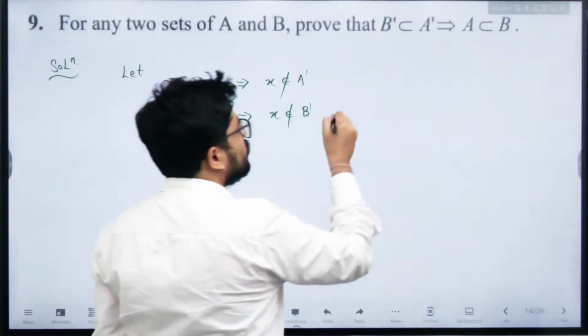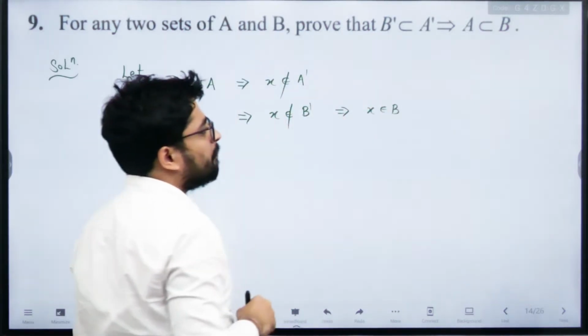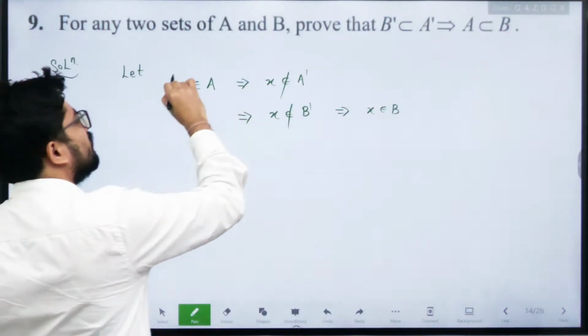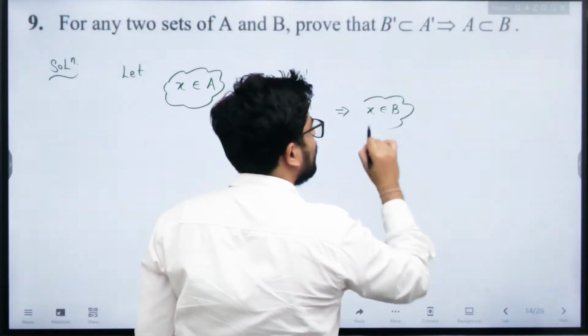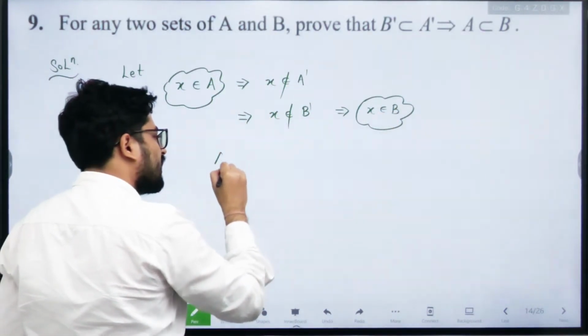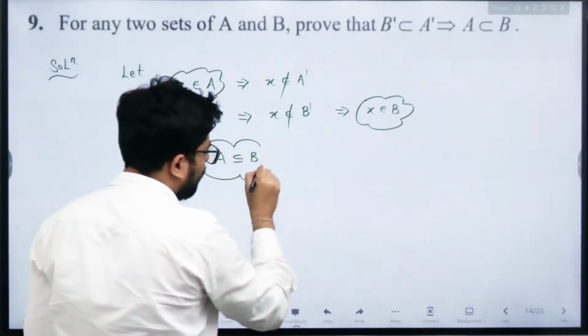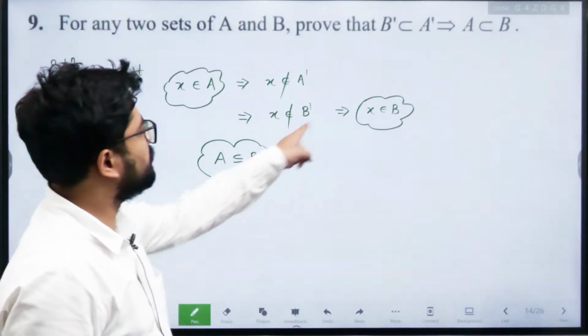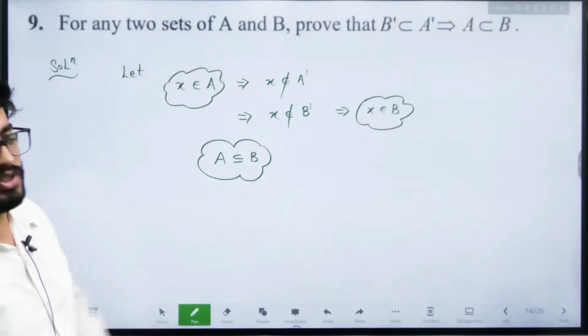So X belongs to B. X is any arbitrary element of A, and that is also in your B. So it means A is subset of B. Got it? This is the proof of the given question.